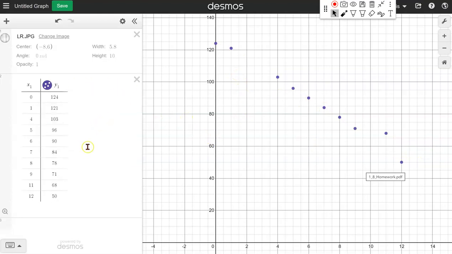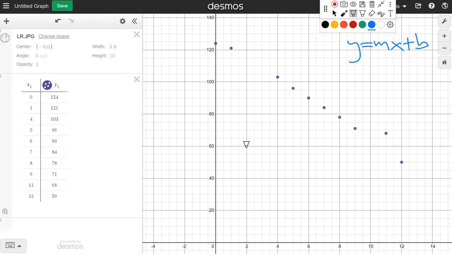And how do we check also from the table that the data is not linear? So remember our equation of a line, y equals mx plus b, where m is the slope and b is the y-intercept.